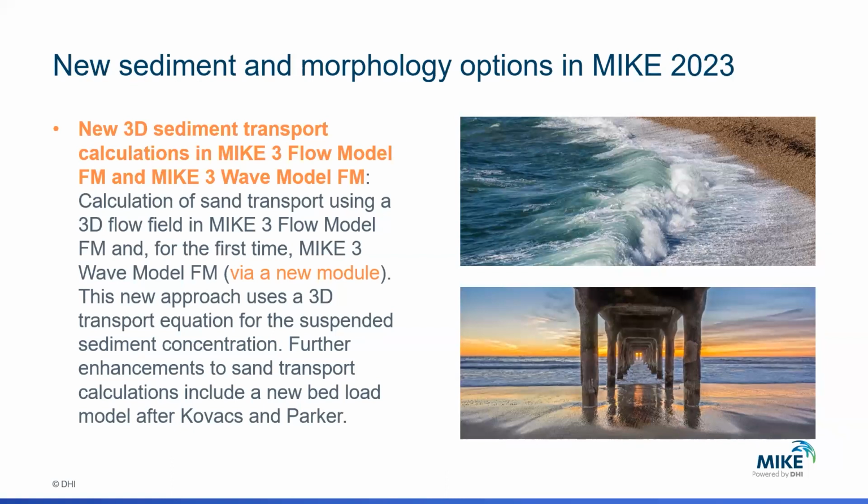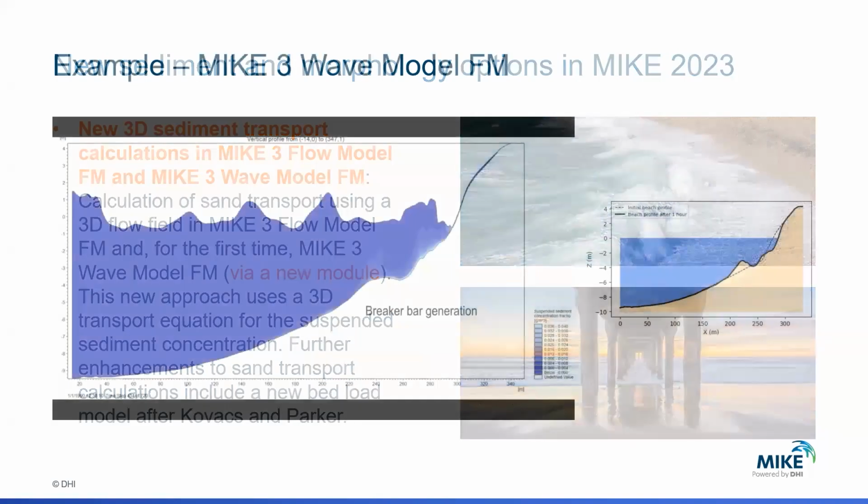We also introduced it as a new module in Mike 3 Wave. And why do we do this? Well, it was to improve the modeling of trench siltation, scour around monopiles and berms, and the evolution of breaker bars under dynamic wave action.